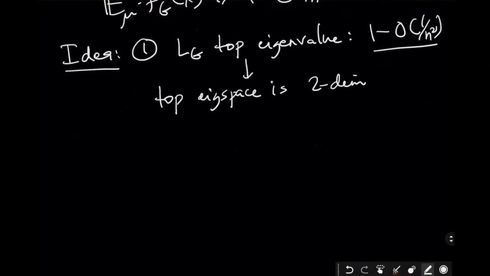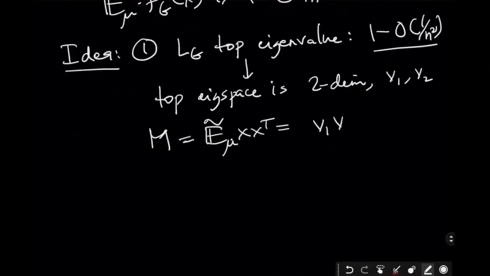We're going to set this matrix M. Let's call these vectors V1 and V2. We set M to be V1 V1 transpose plus V2 V2 transpose.